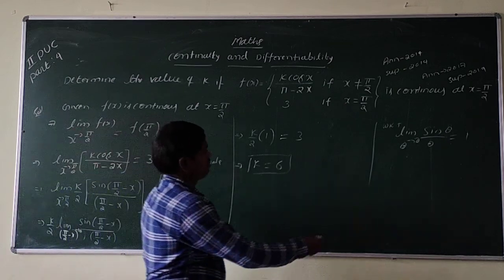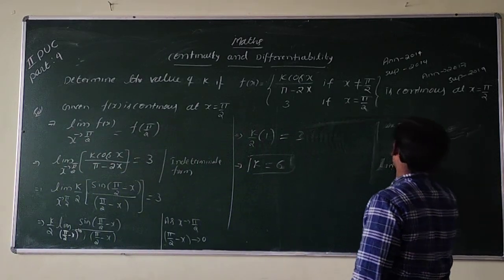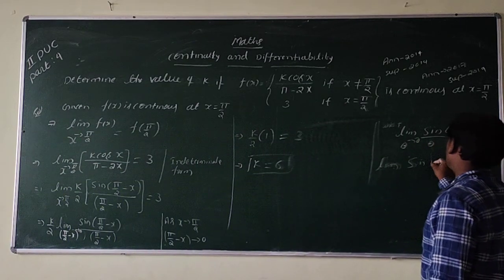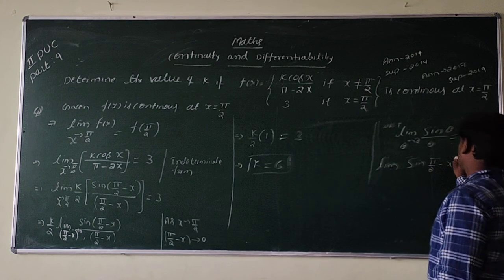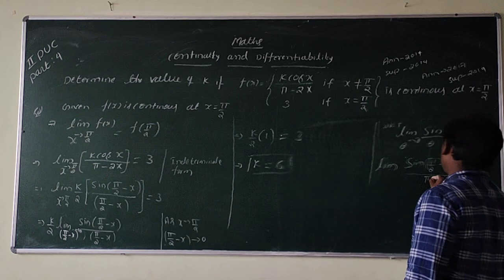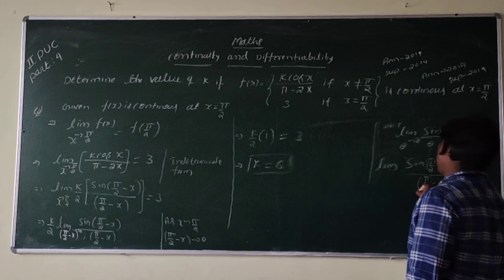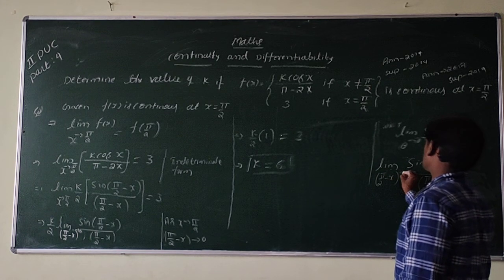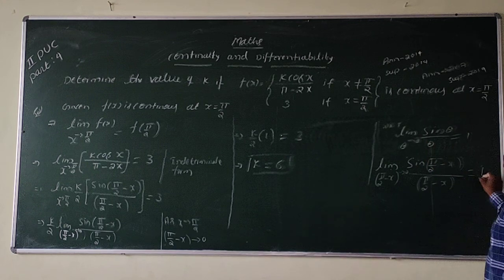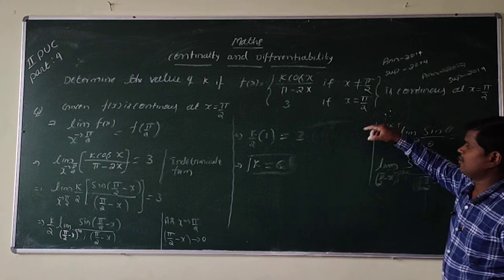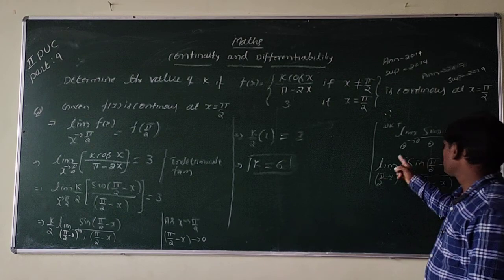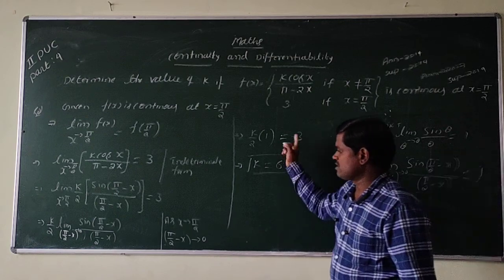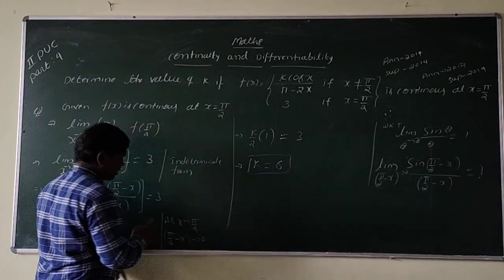That is, the limit of sin(pi by 2 minus x) divided by (pi by 2 minus x) as pi by 2 minus x tends to 0, its value is 1. This is the reason why I am taking the value as 1. So to simplify, you must write this.